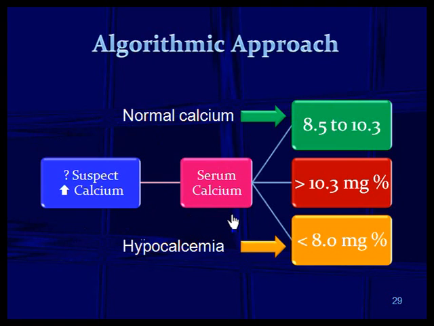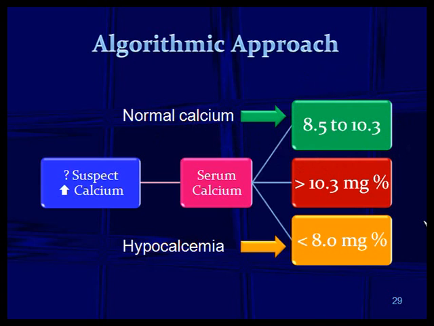Once you get the total serum calcium, we use the correction factor for obtaining the corrected serum calcium depending upon the albumin value, which we have already explained. So, if the serum calcium is between 8.5 to 10.3 and that is normal value, we call it normocalcemia and no more investigations are needed.